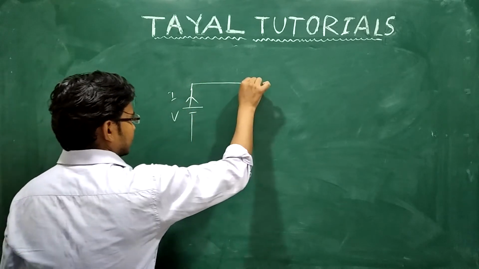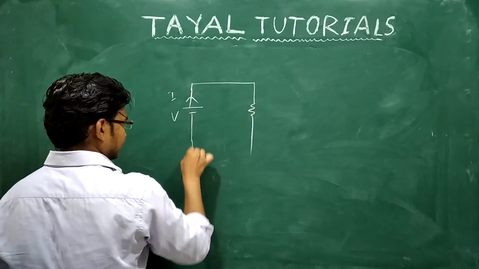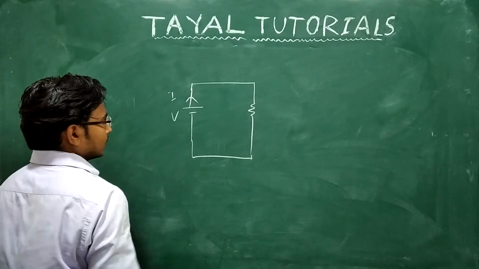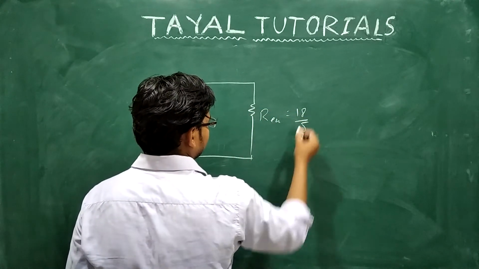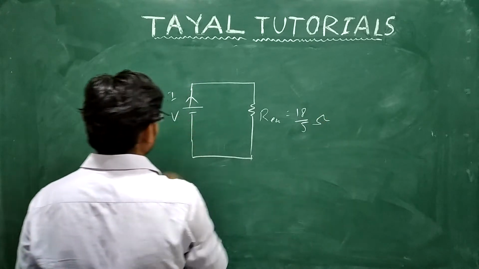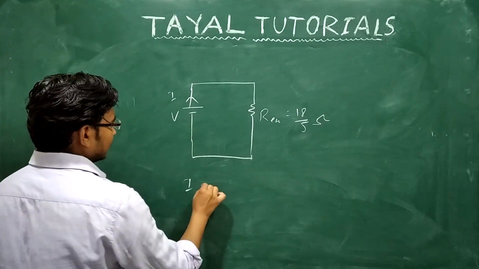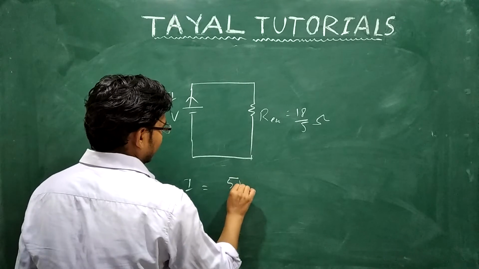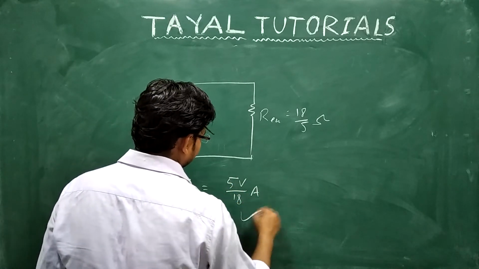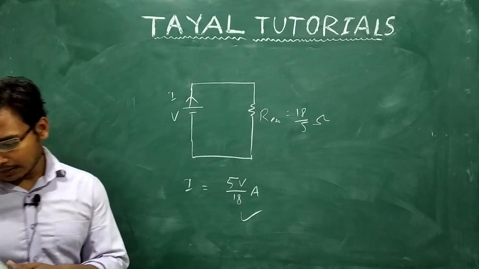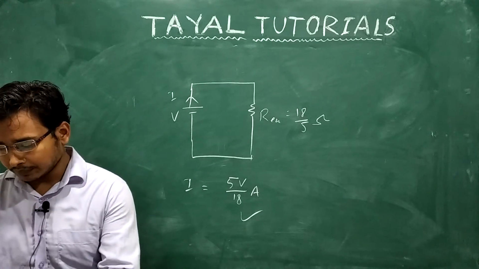Voltage source and resistance. R equivalent is equal to 18 by 5 ohm. This is your V. I want to get I, so that will be 5 V by 18 ampere. I think D will be the answer. Yeah, D will be the answer.